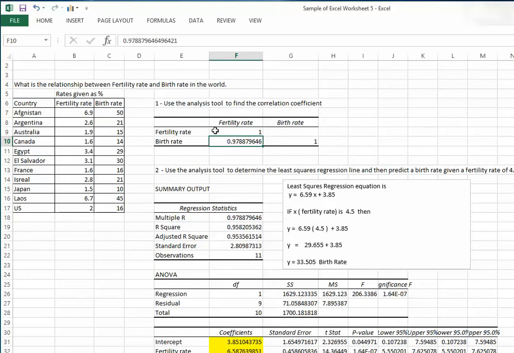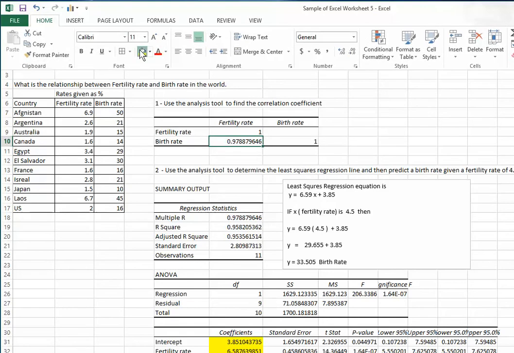That means that the correlation between fertility and fertility is absolute. If it were a -1, it would be an absolute negative, but a positive one, and the same is true with birth rate. But notice this number here. This number here is my correlation coefficient between fertility and birth rate. It's a very high number in comparison.